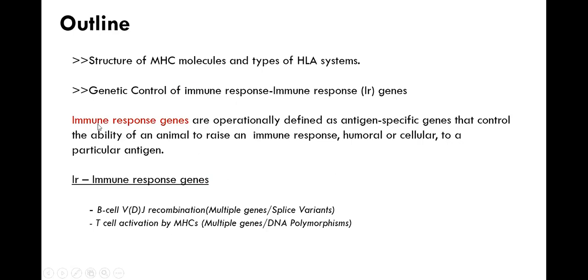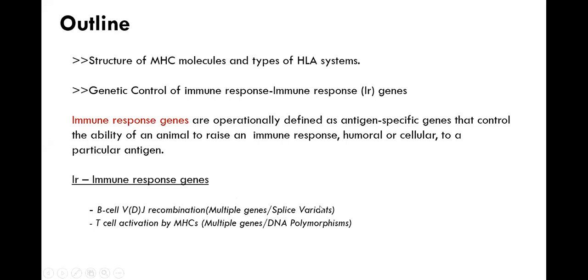We have already seen in B cell humoral antibody production which genes control how different variants of antibodies are produced. They use a fundamental mechanism we discussed called VDJ recombination. This is somatic recombination and gene rearrangement.